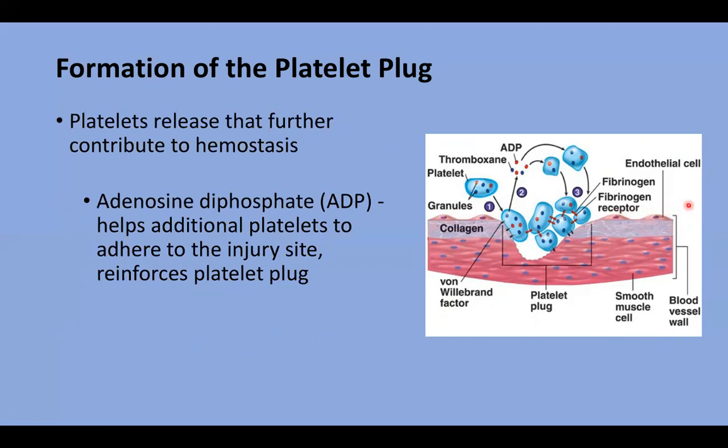So normally what we would see is the platelets smooth past this nice, slick endothelial cell lining. Now, when the vessel is damaged, these underlying collagen fibers are going to be exposed. So when the platelets go through, they're going to get stuck on these exposed collagen fibers. And as they get stuck, they are going to start to clump together.